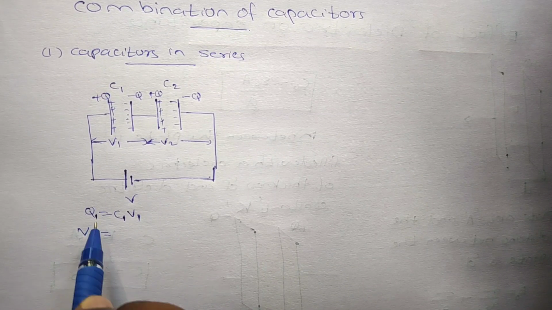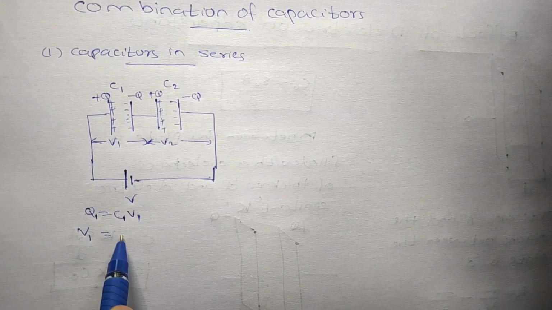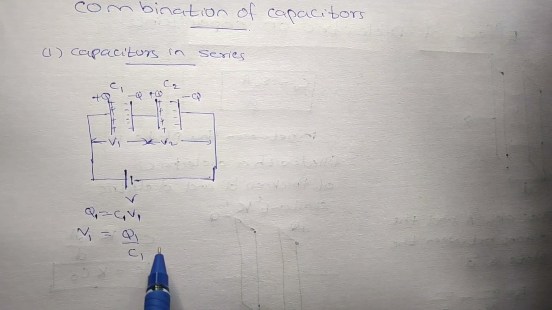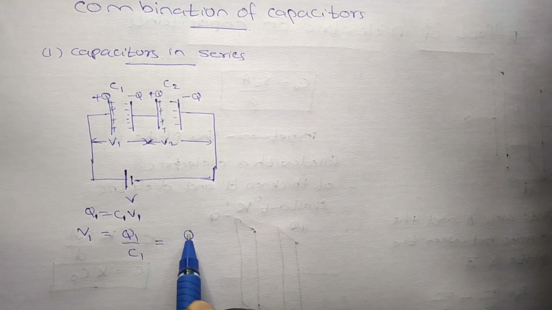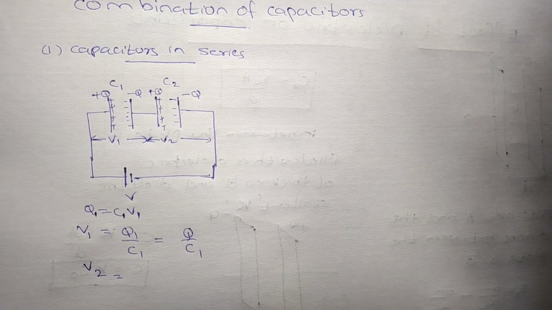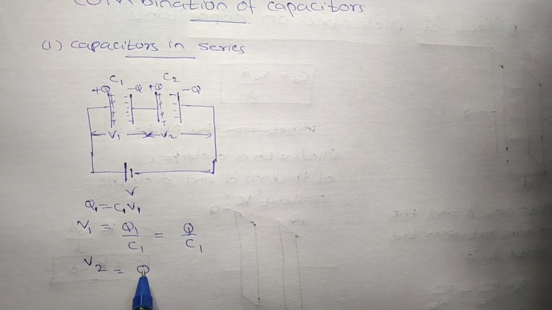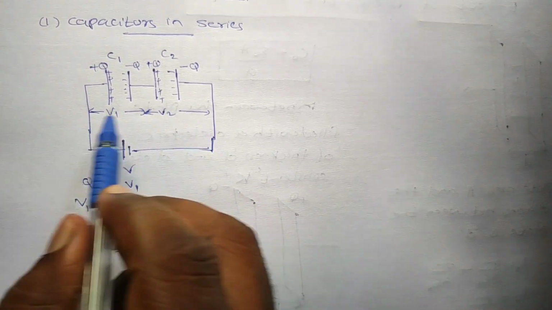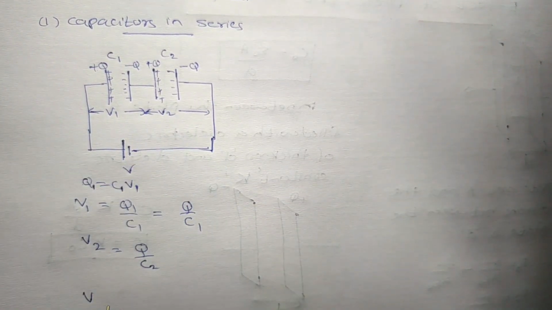This Q value is common, so V1 is equal to Q1 divided by C1. Since Q1 and Q2 are equal, we can write it as Q by C1. What is V2? V2 is the potential difference across the second capacitor. That is equal to Q by C2. The total potential difference we can write as V is equal to V1 plus V2, that is equal to Q by C1 plus Q by C2.